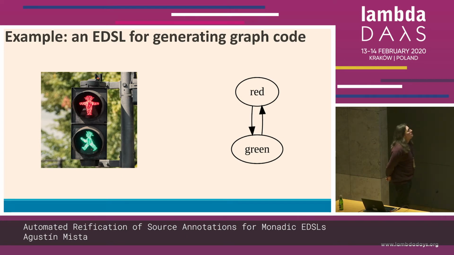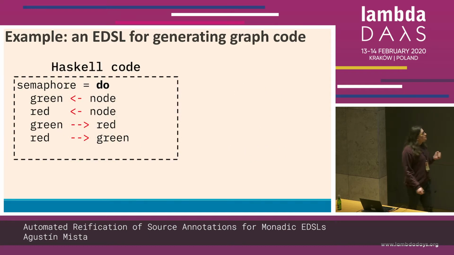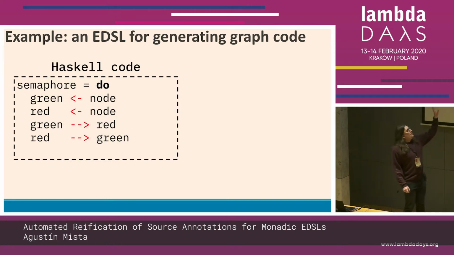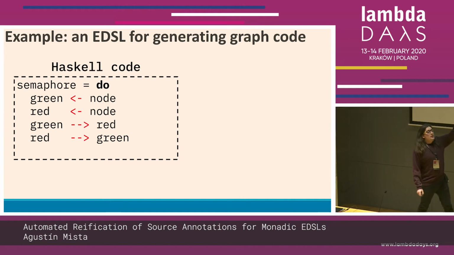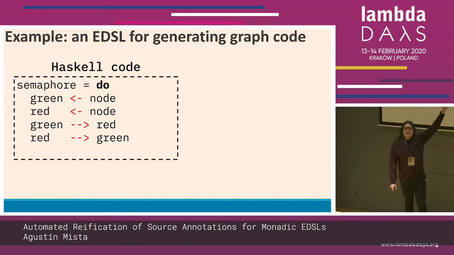So far so good, but there are two problems with this EDSL, at least two. First one is, when we generate the code, all the semantic information that we have encoded in the names that we use here is not really represented in the generated code. Instead, here we have only sequentially generated names.